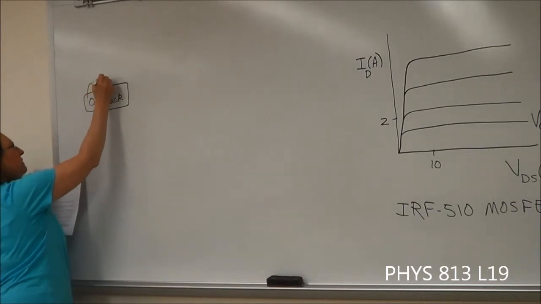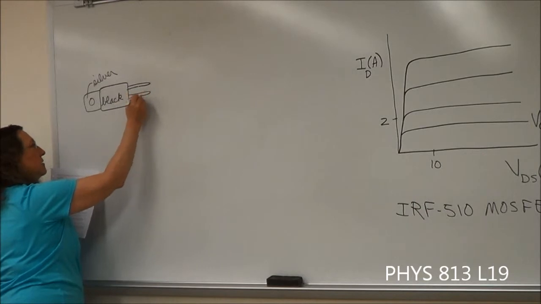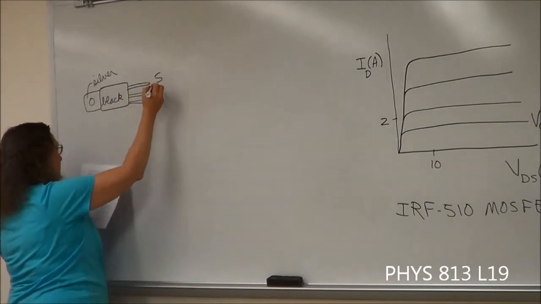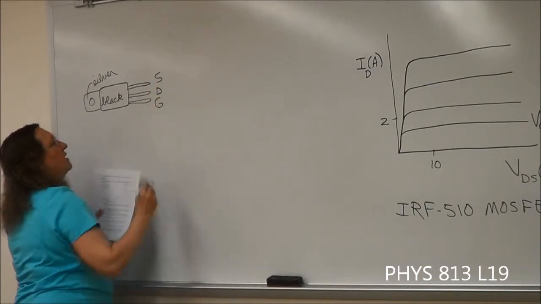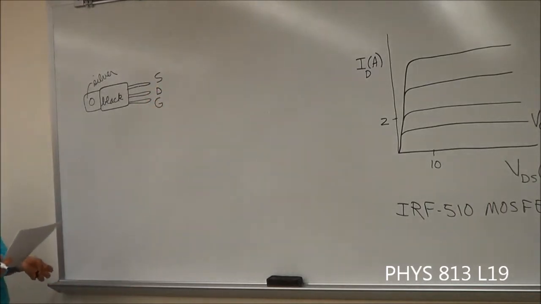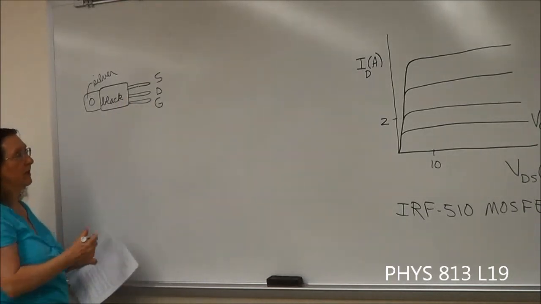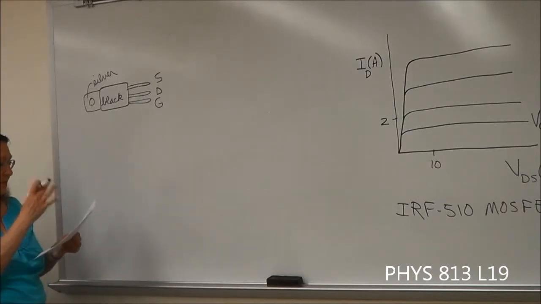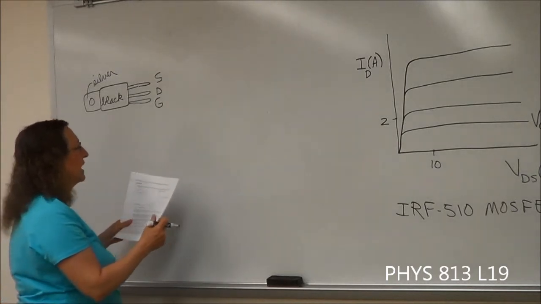This is silver, and then there's the 3 legs coming out, and the top one is the source, the middle one is the drain, and the bottom one is the gate. Now, when you're putting this in the circuit, it seems to me it would have been a lot nicer if they'd been arranged a little bit differently, but that's the way they are. Okay, so we're going to look at our circuit.